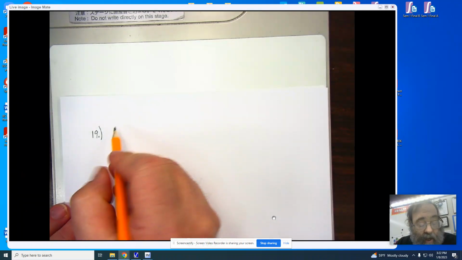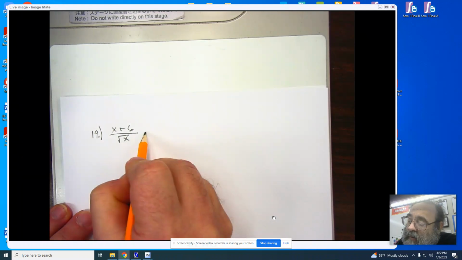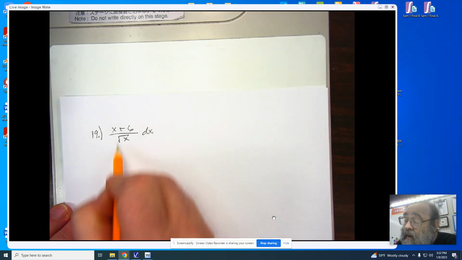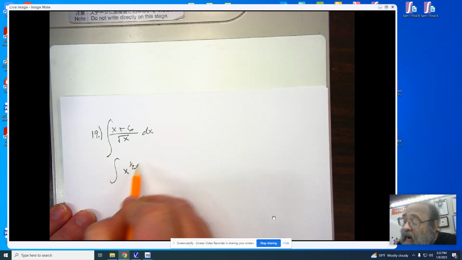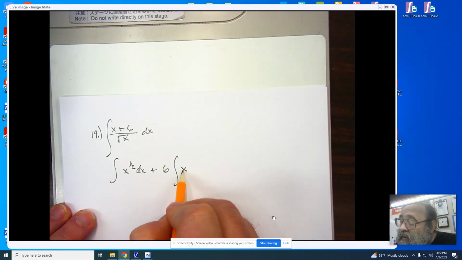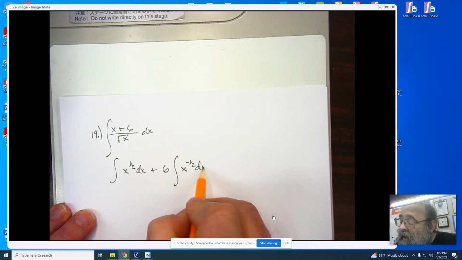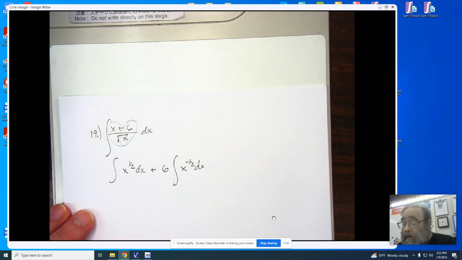So let's look at number 19, where we have x plus 6 over the square root of x dx. We're going to simplify it first. So we're looking at x to the 1/2 power dx plus 6 x to the minus 1/2 power dx. Notice how I've separated it into the two different pieces.